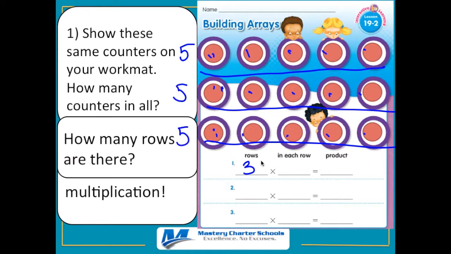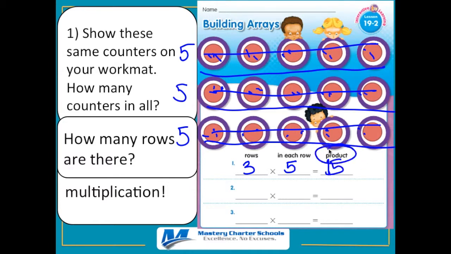Okay, so I've got 3 rows, each with 5 in each row. So the question is, what does this make? Well, I could count by 5s, actually. 5, 10, 15. I could count by 1s, 1, 2, 3, 4, 5, 6, 7, 8, 9, 10, 11, 12, 13, 14, 15. Either way, I'm going to get 15, which is called the product. Say product. Product is when you multiply 2 things times each other, and it gives you your answer. So there we have it. We just used an array to solve a problem.